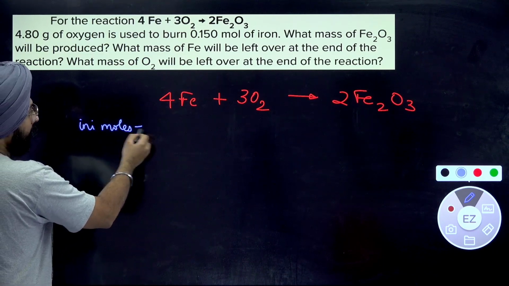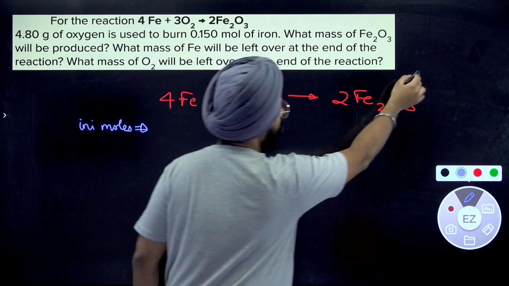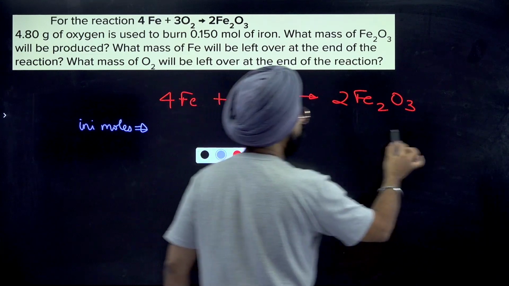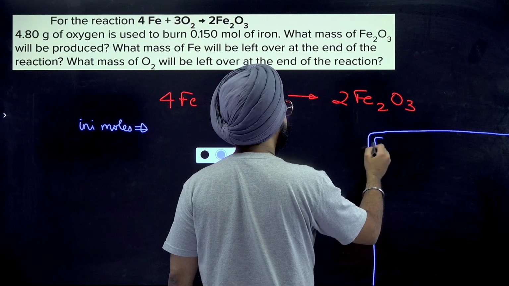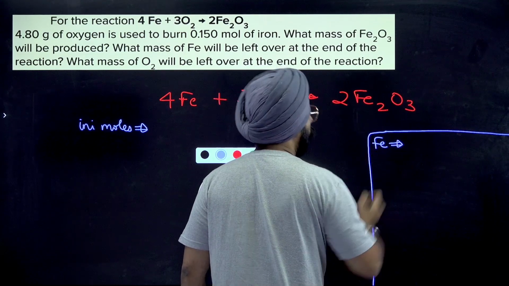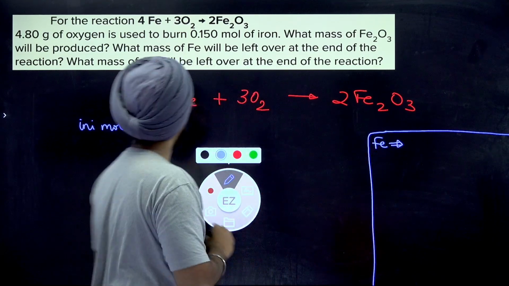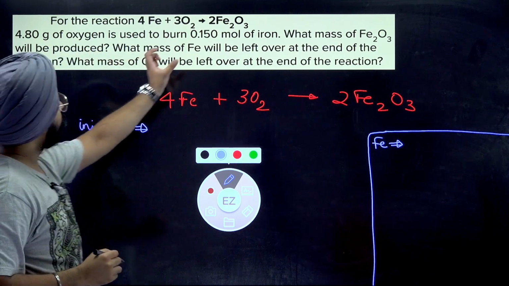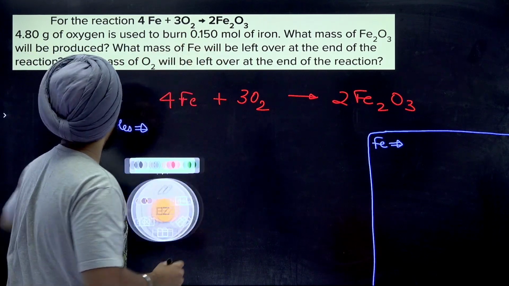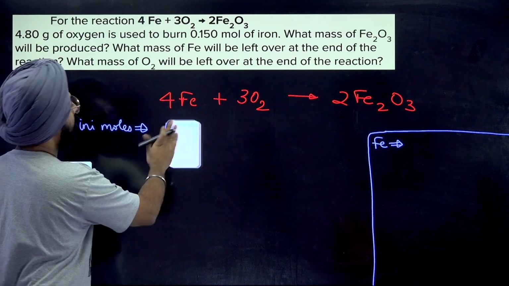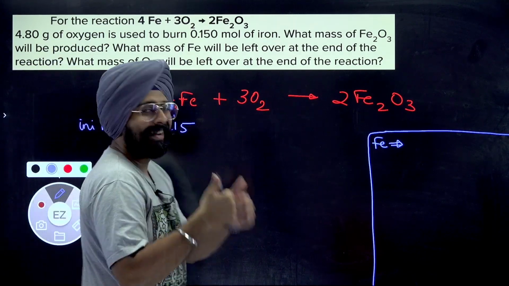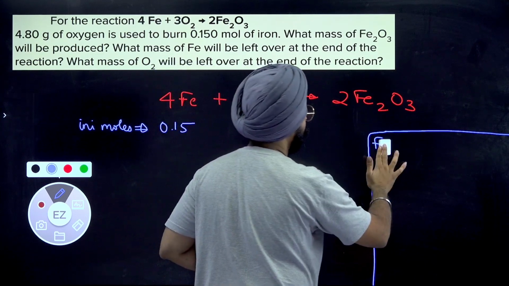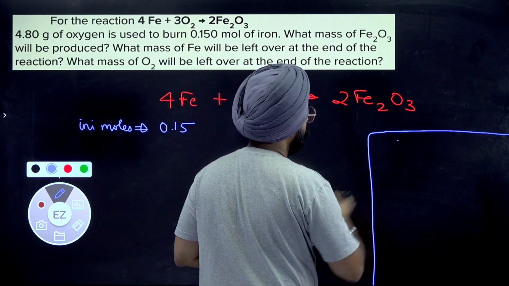So let's do the calculation over here in a rough area. So for iron, what are the initial moles? Mole of iron is given directly. So that makes our life easy. 0.15 mole of iron is given. No need to calculate for iron. Only need to calculate for oxygen.